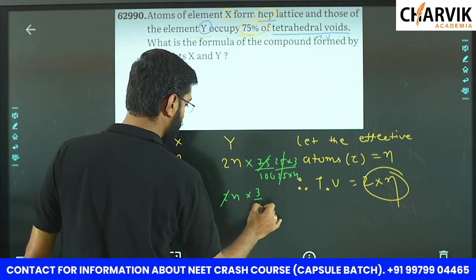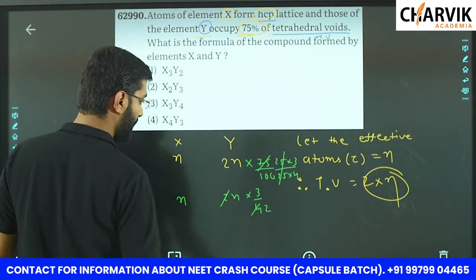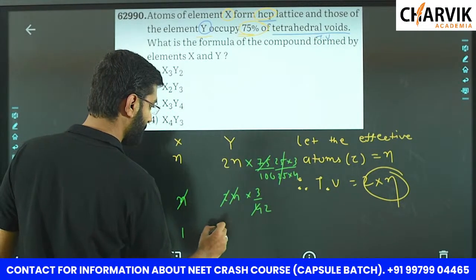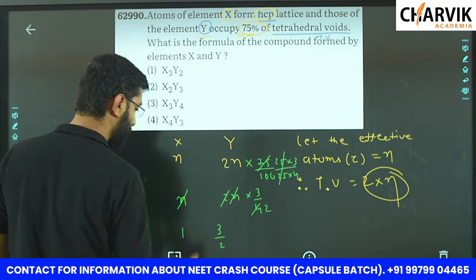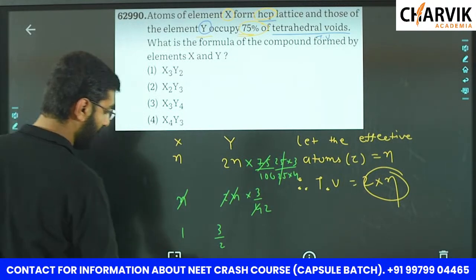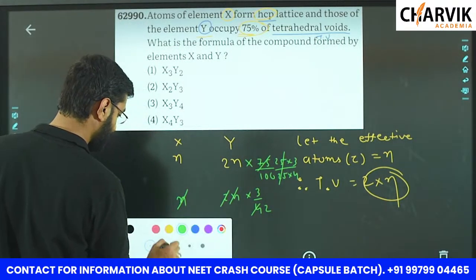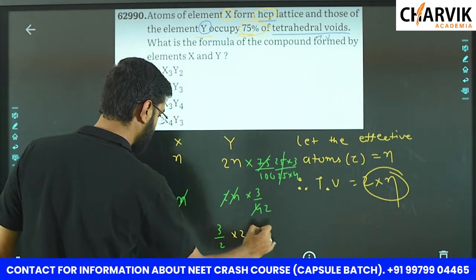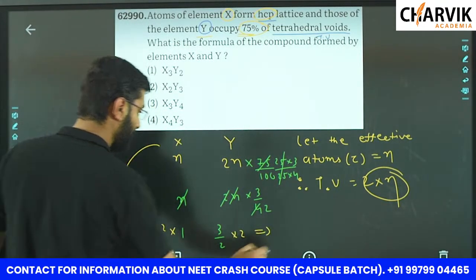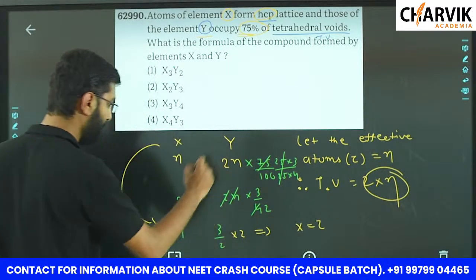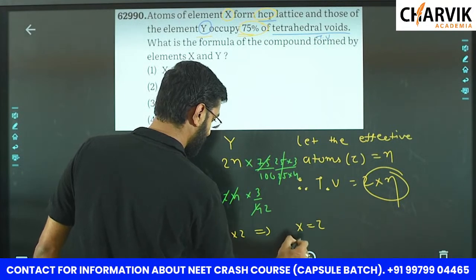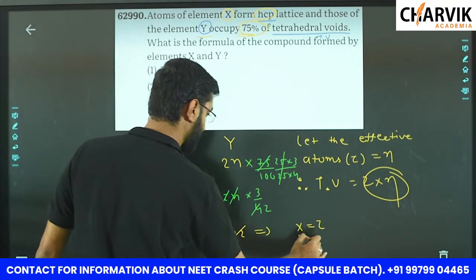2 twos are 4, and you will get 3 by 2. N is cut. 3 by 2, right? Multiply both sides by 2. So value of X finally becomes 2 and value of Y finally becomes 3, right?